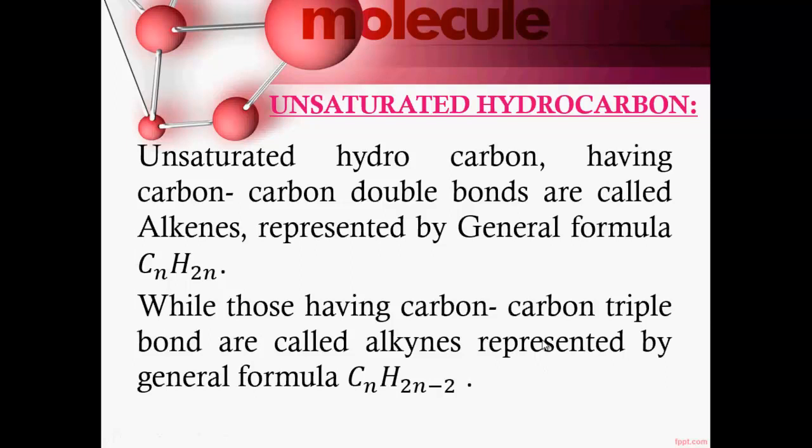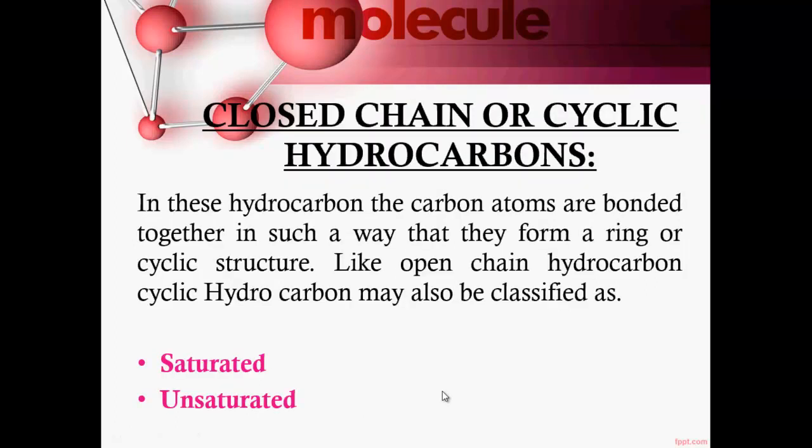Unsaturated hydrocarbons having carbon-carbon double bonds are called alkenes, represented by the general formula CnH2n, while those having carbon-carbon triple bonds are called alkynes, represented by the general formula CnH2n-2.